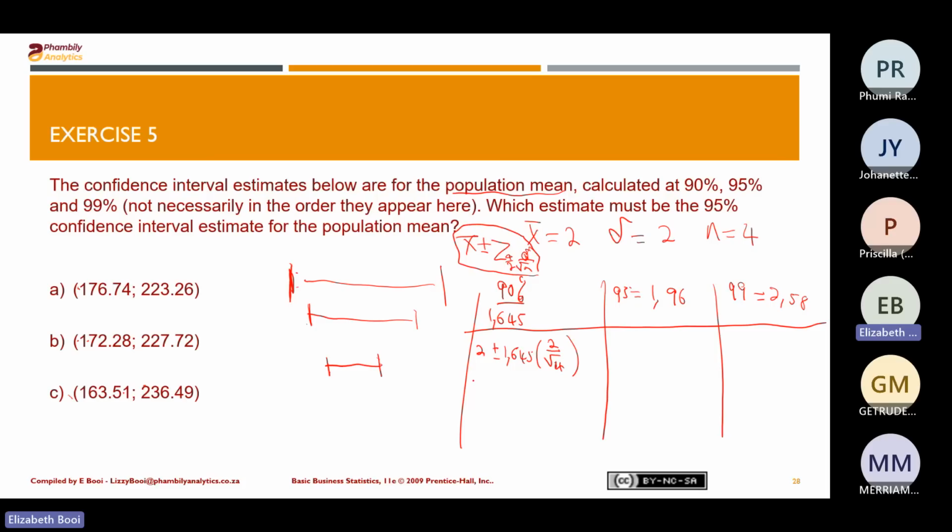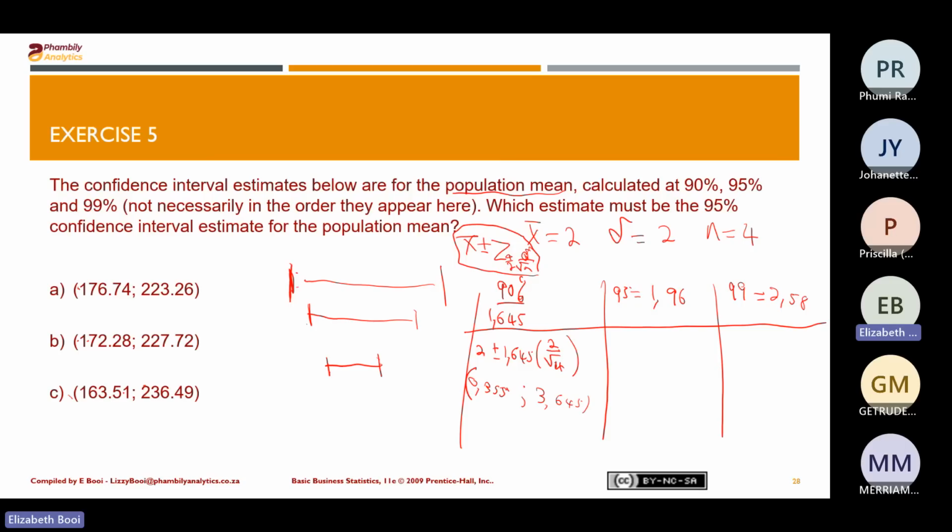And then I get 0.355. On the plus side, I get 3.645.